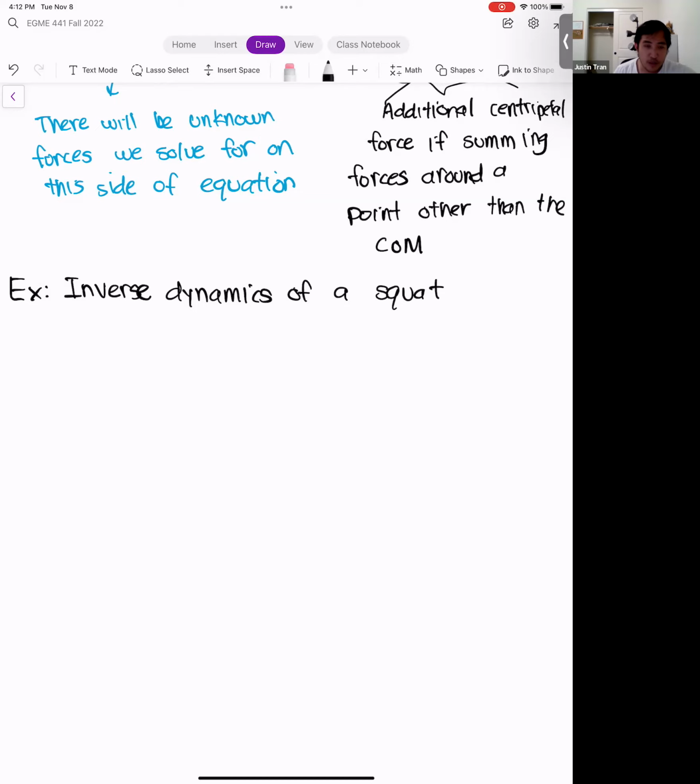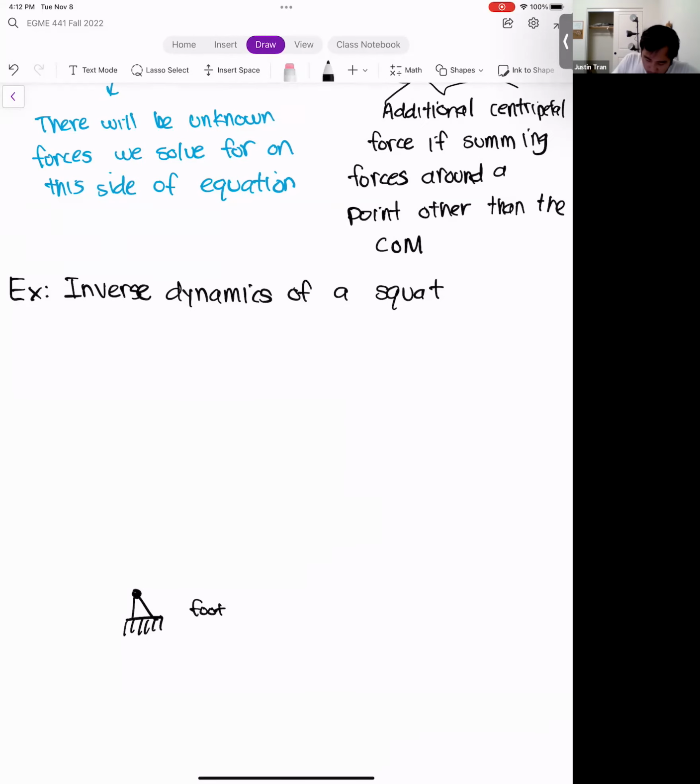I'm going to use basically sticks for all the limbs. We're going to start down here with the foot. We're going to assume that the foot is planted on the ground, so the foot itself is going to stay stationary, but all the other limbs like the shank and the thigh are going to be moving.